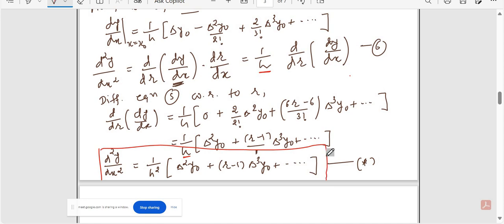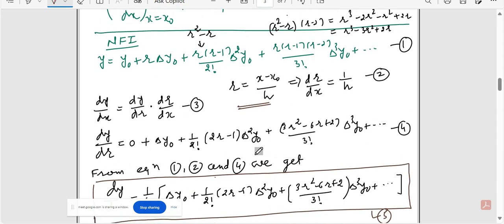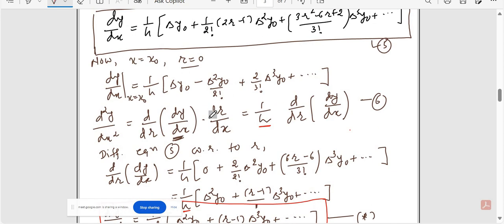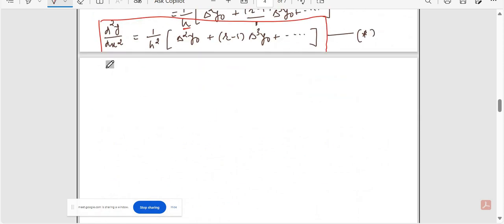Now the same concept applies to Newton backward interpolation. So Newton backward interpolation formula, then we will stop. Okay, we conclude this session after deriving these formulas. So Newton backward interpolation, what is the formula for that? y is equal to, anybody?